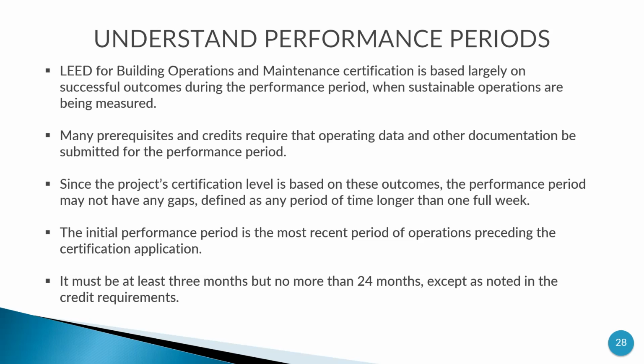After you set the policies, it must be at least 3 months, but not more than 24 months, except as noted in the credit requirement. Means the duration of this performance for the certification is a minimum of 3 months and not more than 24 months. Establishing the policies and checking the performance part of it, right? It again varies from credit to credit based on its complexity and various factors.